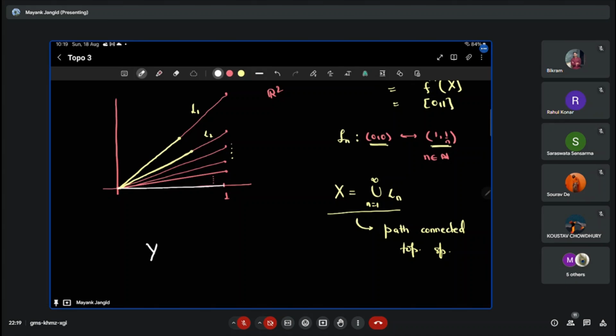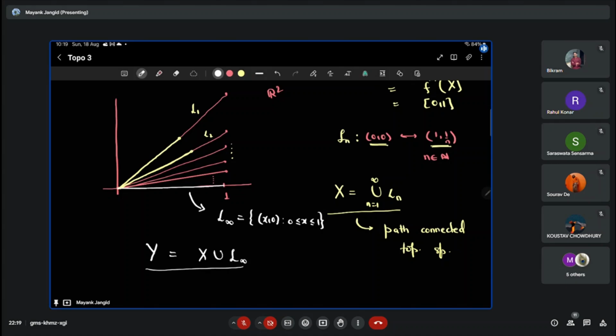So if you think of any point, I will call this line L infinity, which is the set of all points of the form (x, 0), so that x is greater than or equal to 0 and less than or equal to 1. Say Y is equal to X union L infinity.